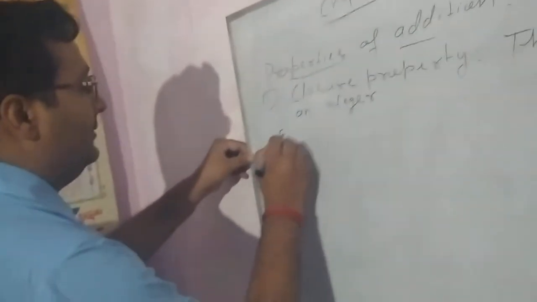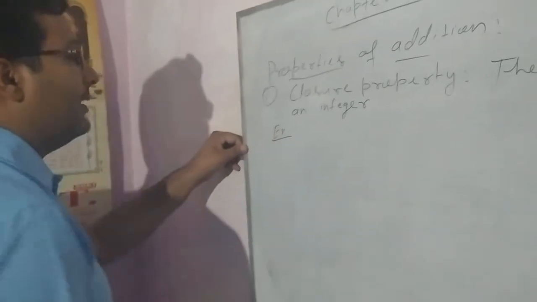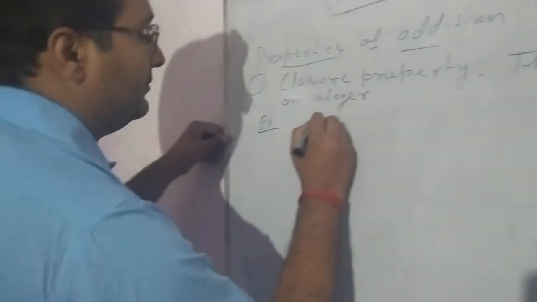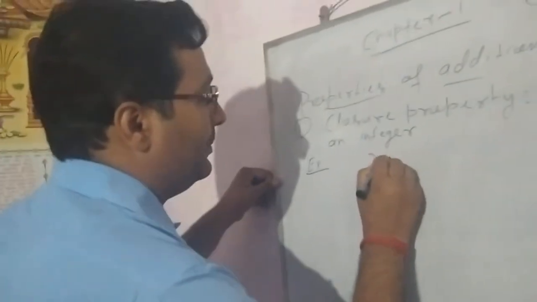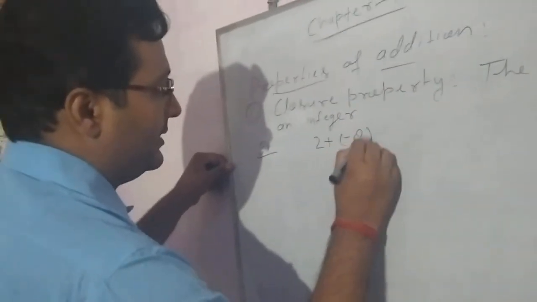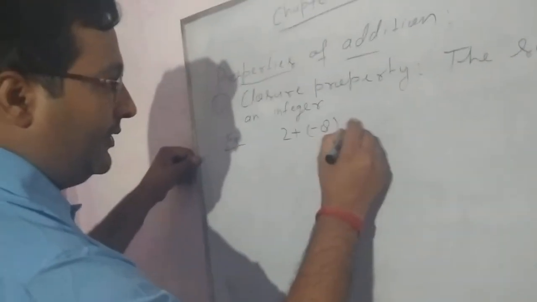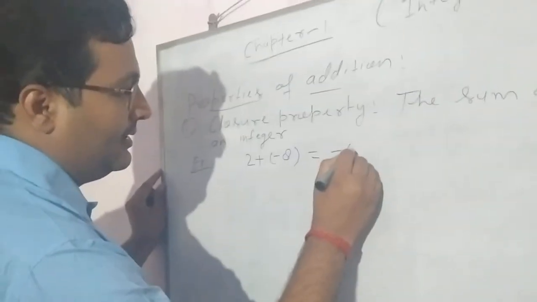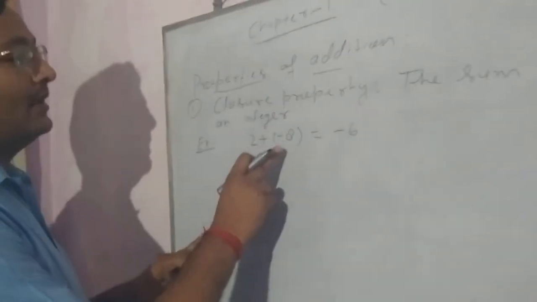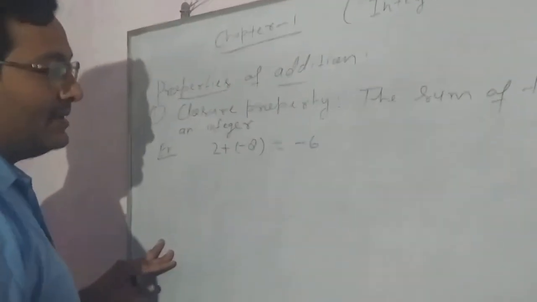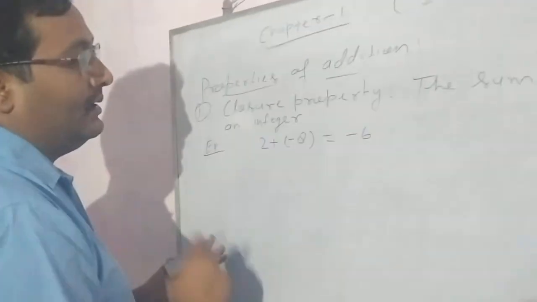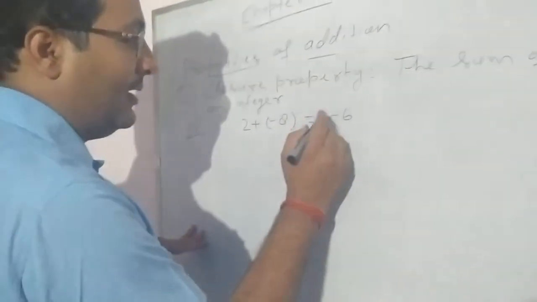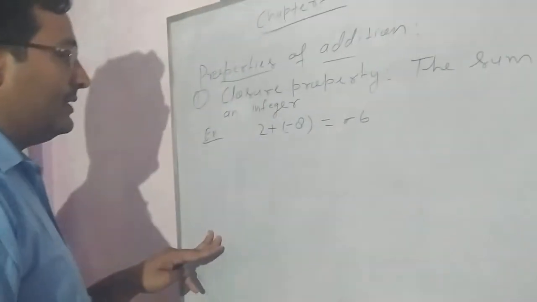For example, if we write here 2 plus minus 8, so these are of different signs. 2 minus 8, that means minus 6. 2 is an integer and minus 8 is also an integer. And when we add both, what result do we get? Minus 6, and minus 6 is always an integer.